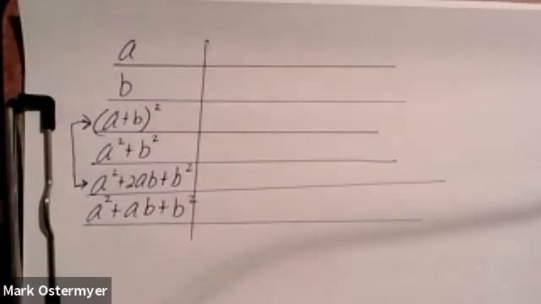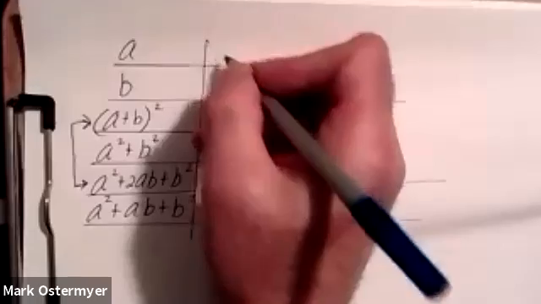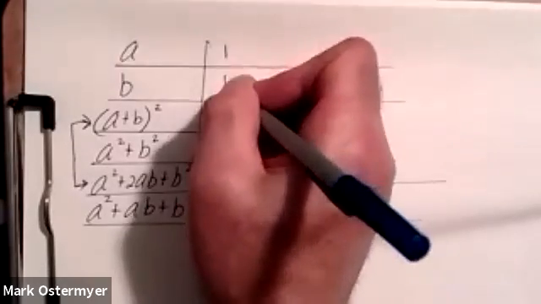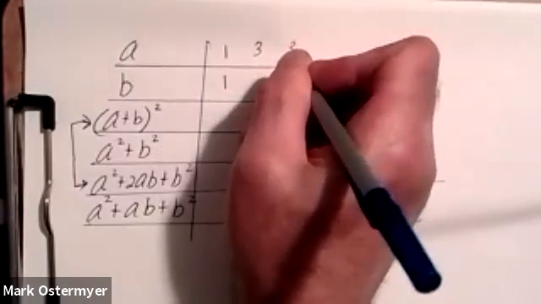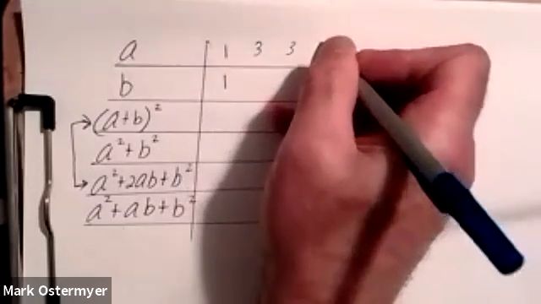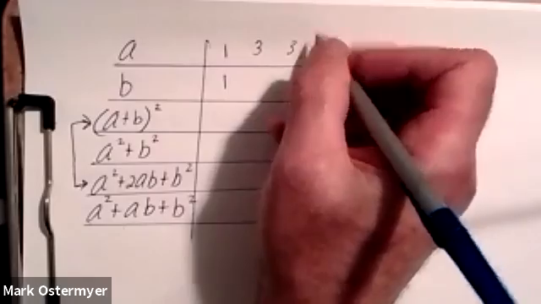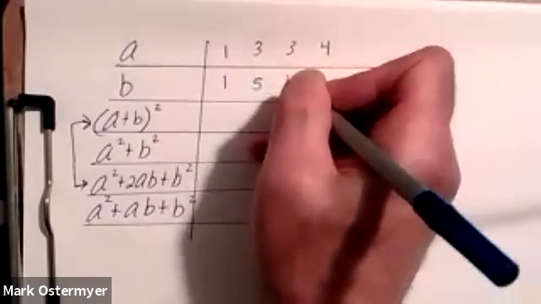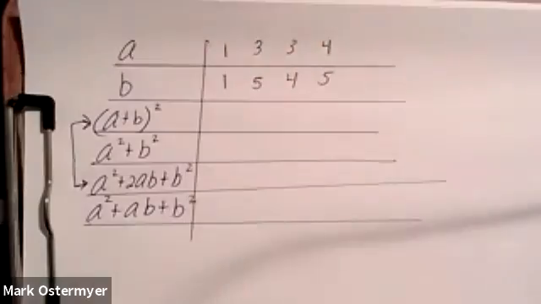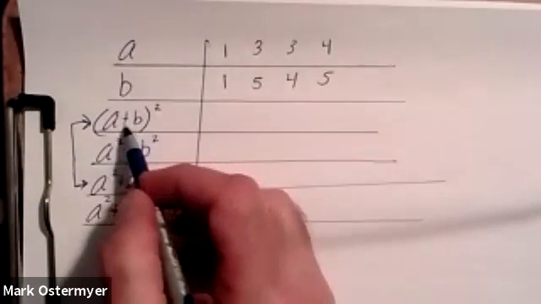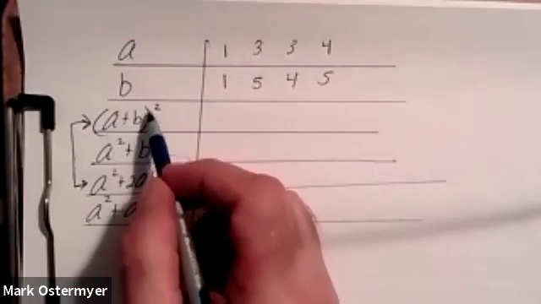All right, what if we have some numbers here? 1, 1, 3, 3, 4, and we got 1, 5, 4, 5. All right, how would I evaluate A plus B squared here?